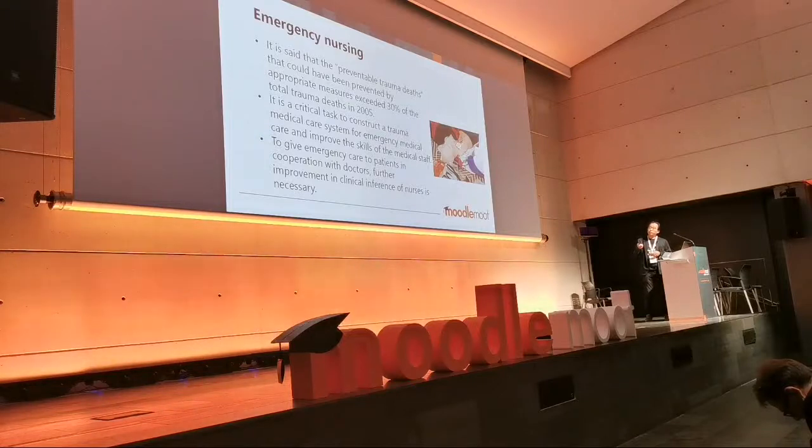So it's a critical task to construct a trauma medical care system for emergency medical care and improve the skills of the medical staff. To give emergency care to patients in cooperation with doctors, further improvement in the clinical inference of nurses is necessary.